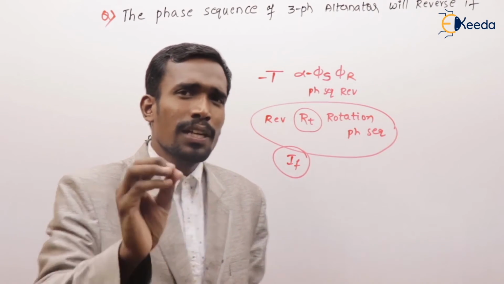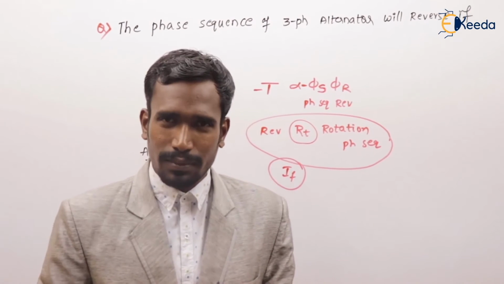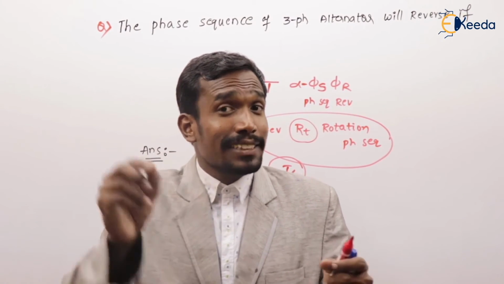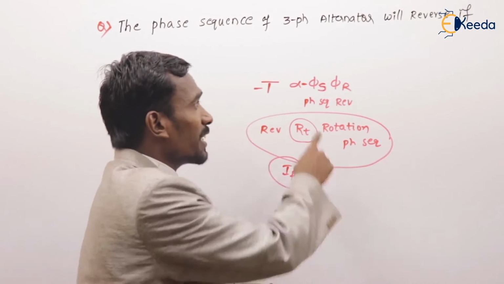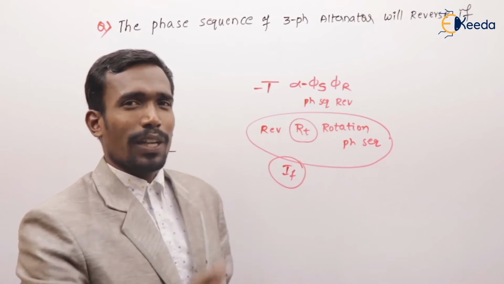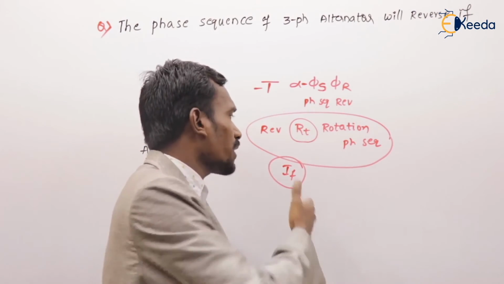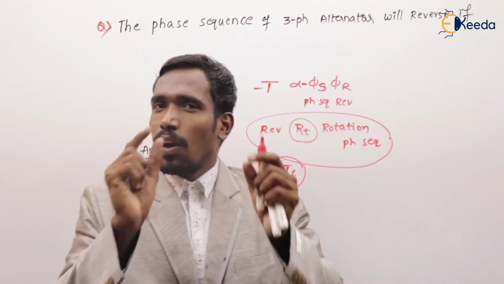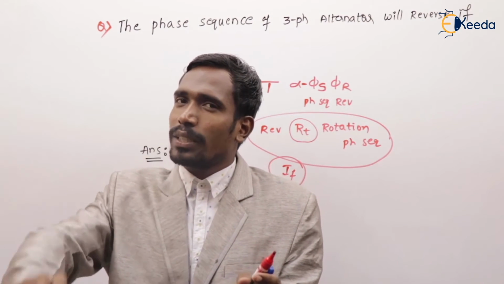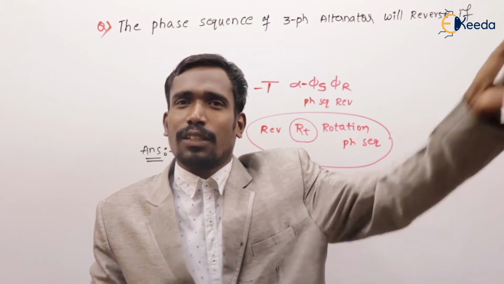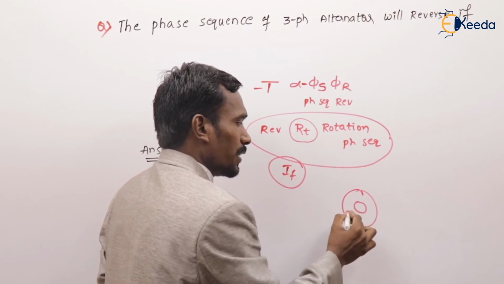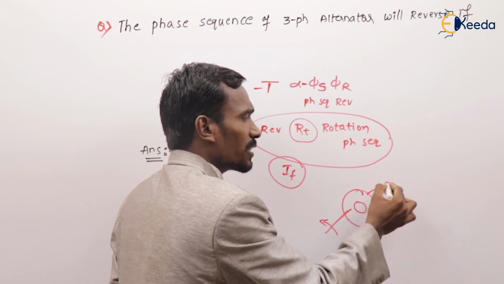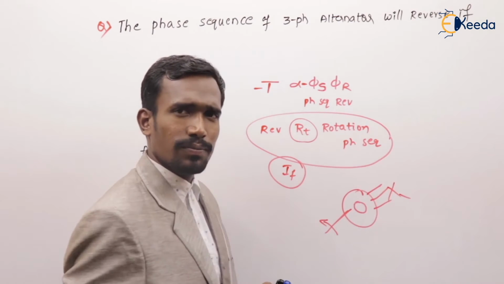For example, if they ask how we can change the rotor rotation direction in a synchronous motor: by changing the phase sequence, we can change the rotor rotation, with no need to change the field current. So the conclusion, listen carefully: in an alternator, by reversing the rotor rotation, we can reverse the phase sequence.